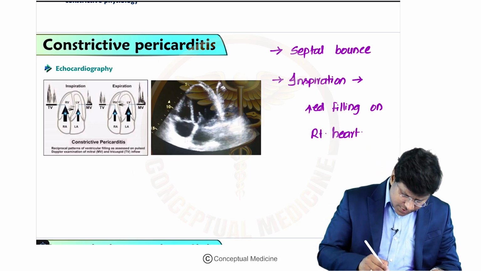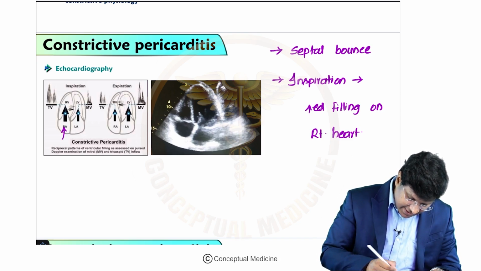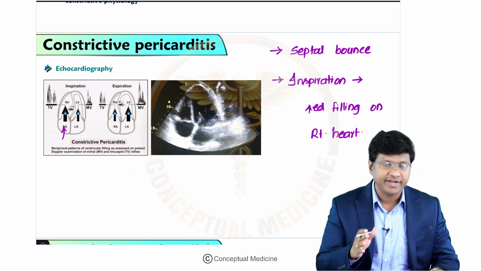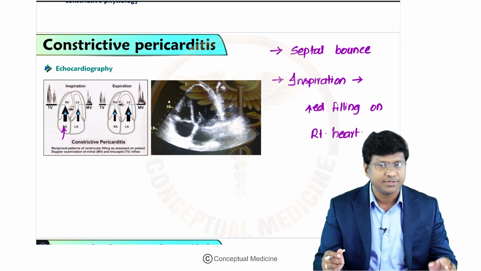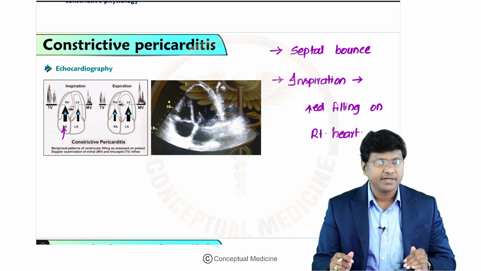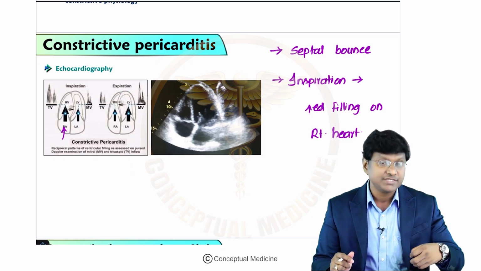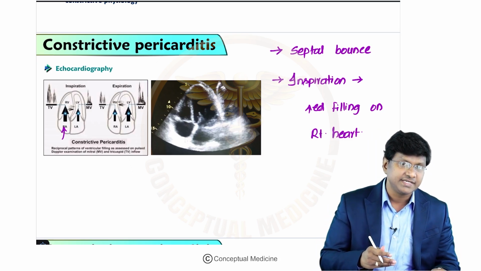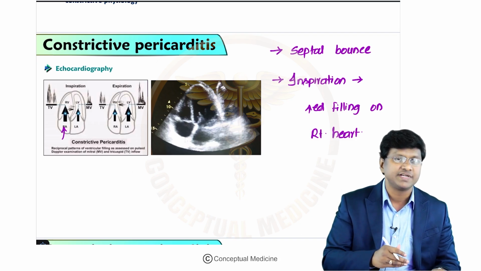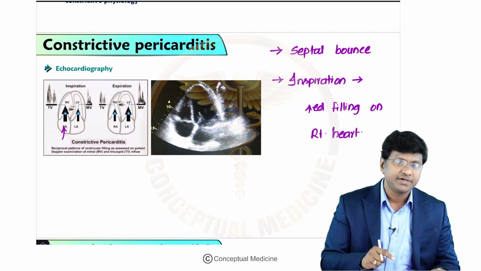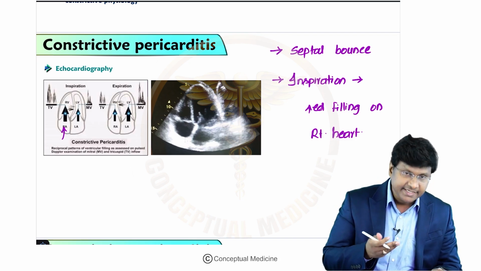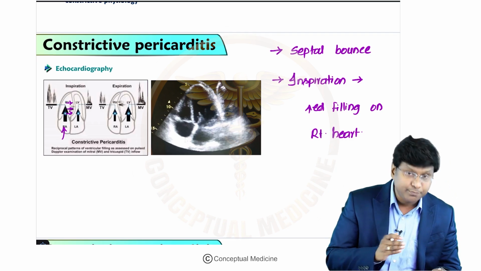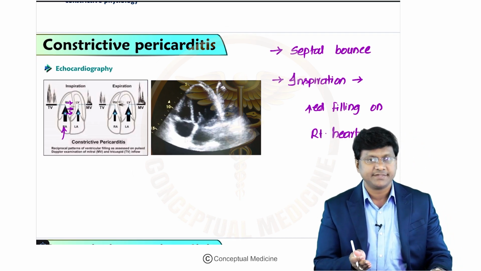Once there is increased filling on the right side during inspiration, the right ventricle, already under very high pressure in constrictive pericarditis because it is unable to relax, now has to receive the blood. When the venous return increases, the right atrium has to send the blood into the right ventricle. So in order to accommodate that blood, the increased pressure in the right ventricle will push the interventricular septum to the left side.